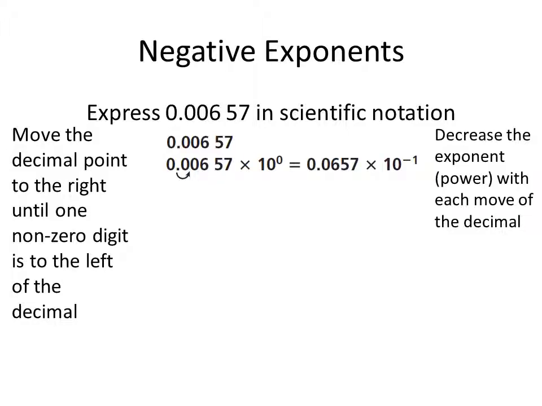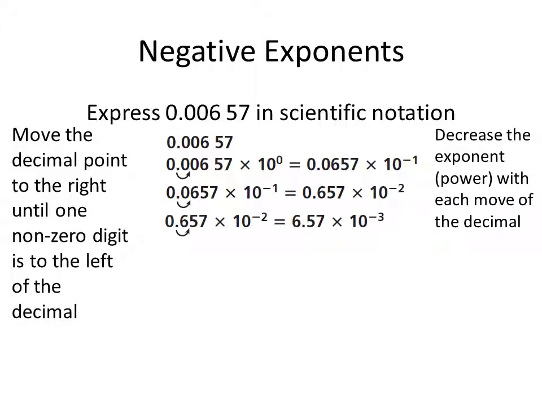So here we move the decimal place 1 to the right, and we decrease to a power of 10 to the negative 1. We move it another place to the right, and now we're at 10 to the negative 2. And we move it a third place to the right, giving us our final number, 6.57 times 10 to the negative 3.